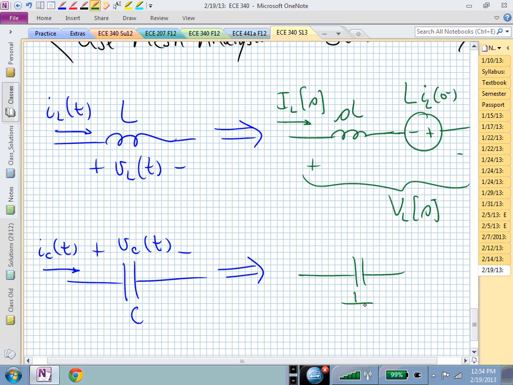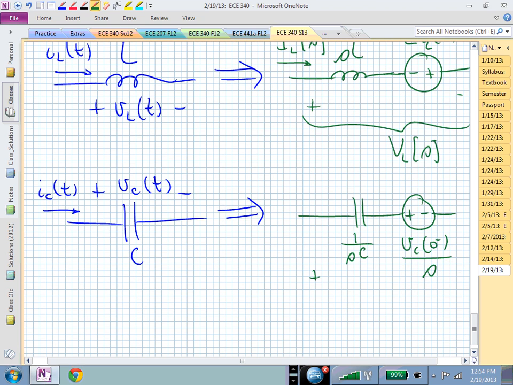So let me not do it at an angle. And now I have a source, but this one actually is different in structure. This is now the initial capacitor voltage, V sub C of 0 minus over S, and the drop is across both elements, and we have our current going through in series with those two elements.